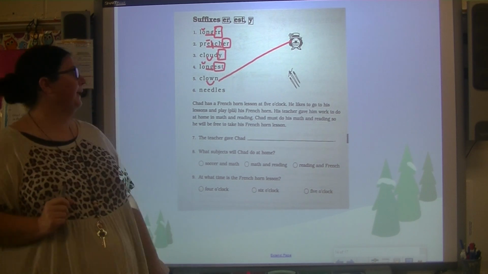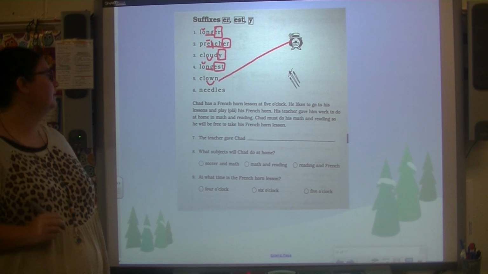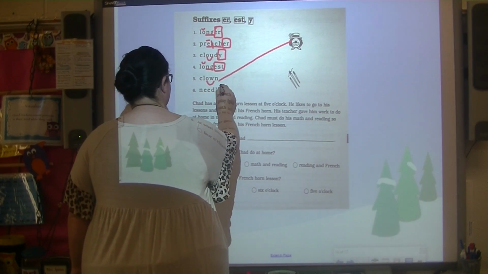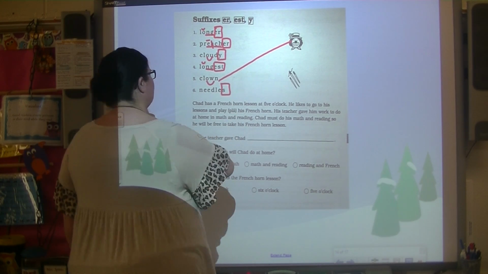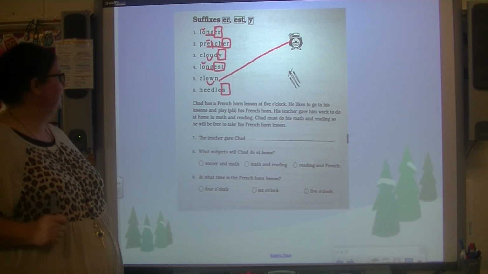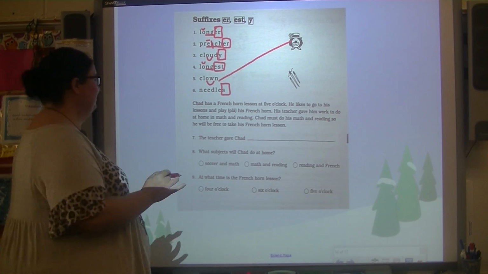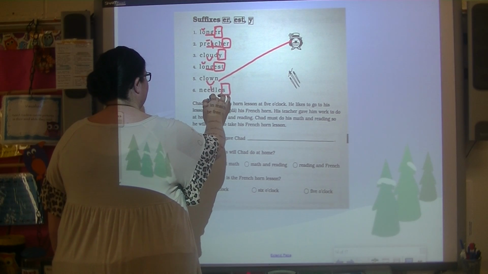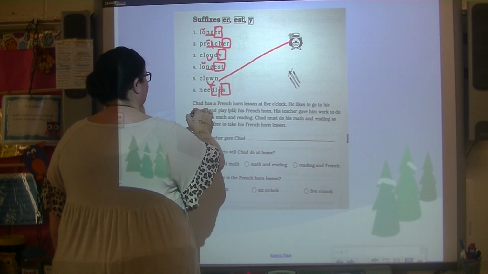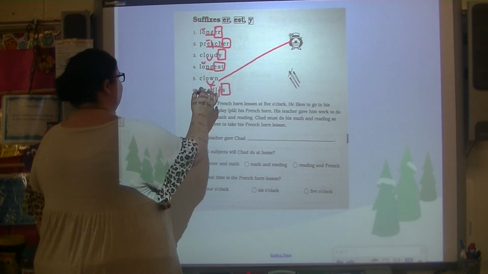The next one. Suffix S. Even though it's not in this lesson, they're checking to see if you remember. Final stable syllable, DLE. Accent is on the first syllable.